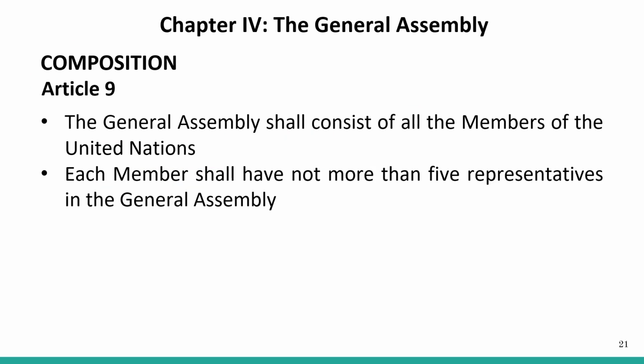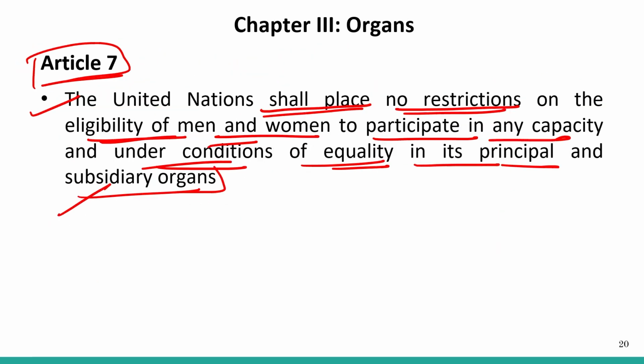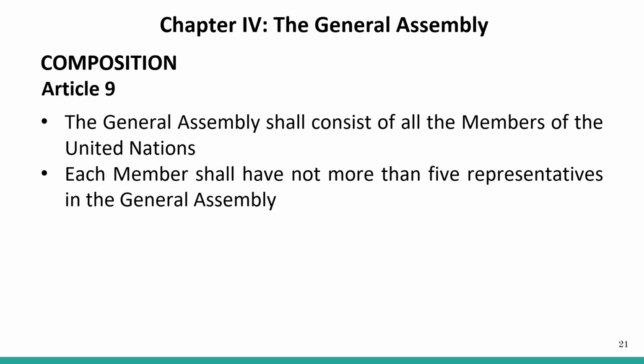Now let's try to understand. So far we have discussed the generalized provisions of the United Nations Charter, and how exactly the membership would be. After the membership, we have discussed the organs of the United Nations. Now we are going to discuss these organs in a detailed manner, as you see under Chapter 4. Let's try to revise what we have studied.